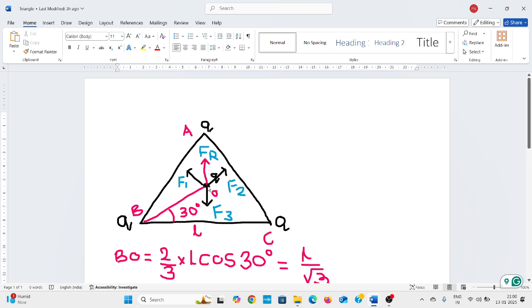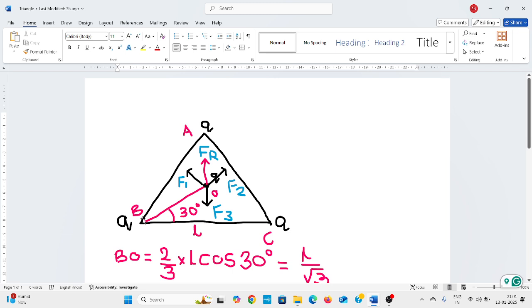The charge at C and the charge at O, the force between them will be F1 and this will be outward as this is a repulsive force.